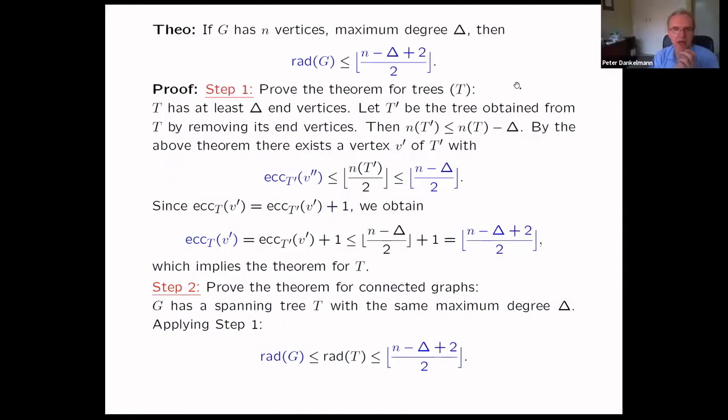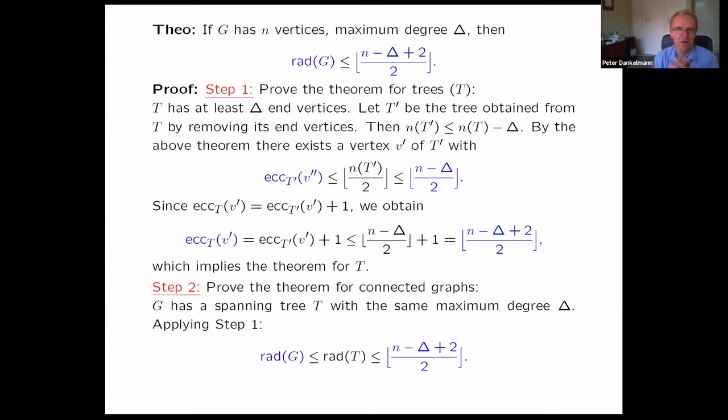Okay, and since I've shown you this trick with removing end vertices, let's just prove another really simple theorem to warm up. So what if we know something more about our graph than just the number of vertices? One of the things that many people like looking at is the vertex degree.